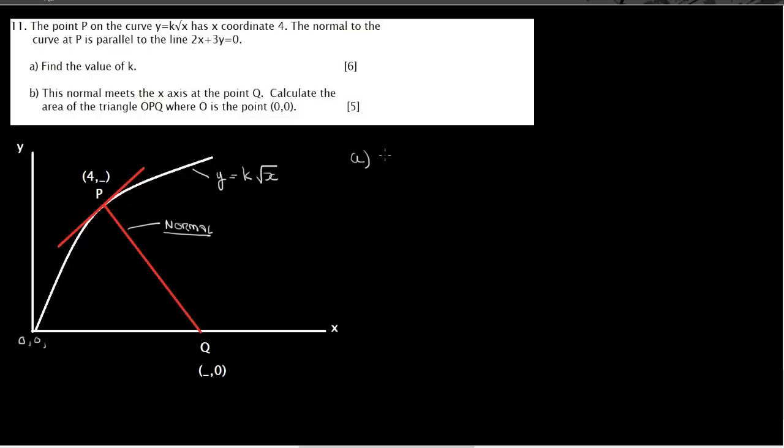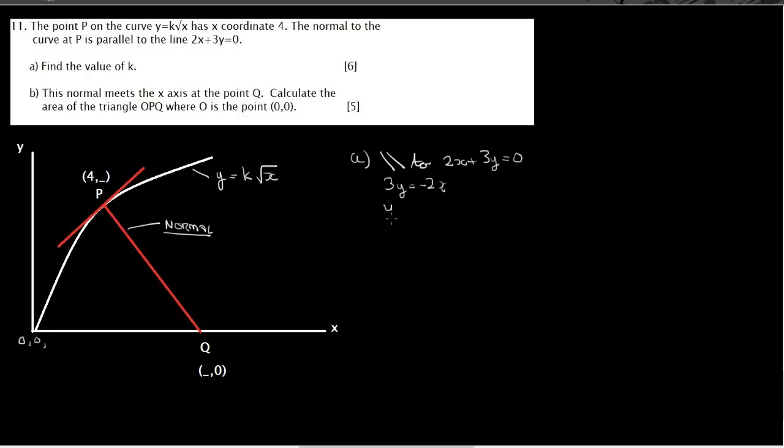So how do we go about finding the value of k? Well, the line is parallel to 2x plus 3y equals 0. So the normal is parallel to that.